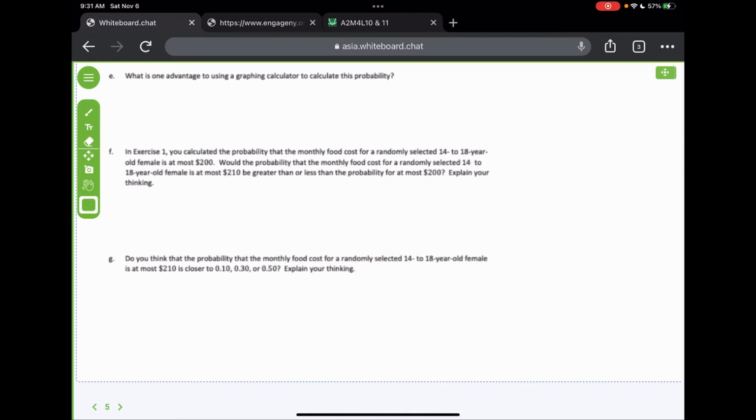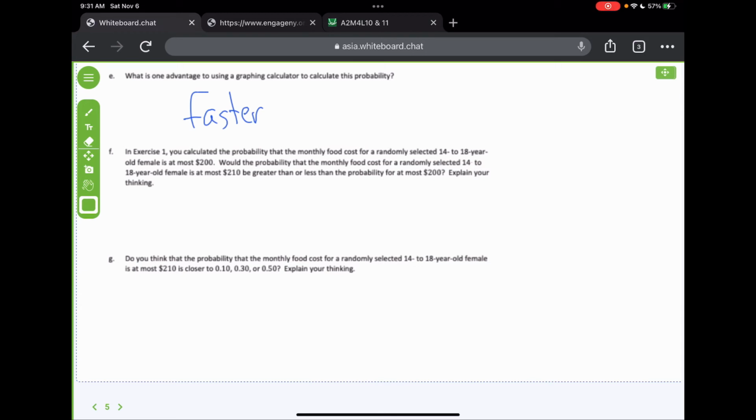Now, let's just look at some things. What's one advantage of using a graphing calculator? Well, I think you would all say that it is much faster. In exercise 1, you calculate the probability that the monthly food cost of a randomly selected female is at most $200. Will the probability that the monthly food cost of a female is at most $210 be greater or less than the probability for at most $200?